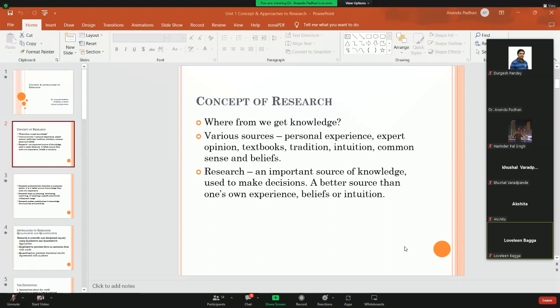or intuition. Whatever you find in reference books and textbooks, the innovations that you find, whether you are using consumer durables like Zoom, a laptop, or at home a television or washing machine, how did they come?